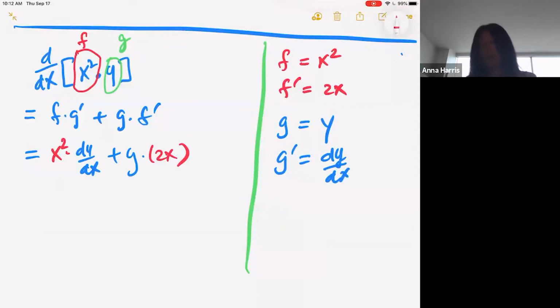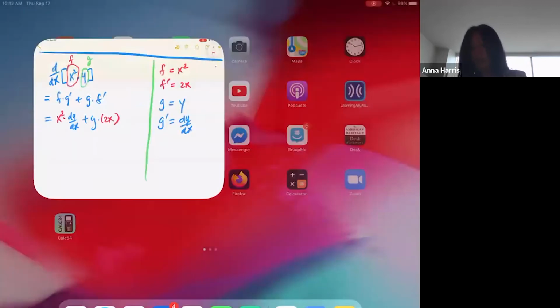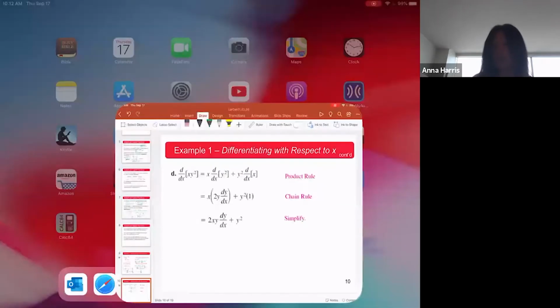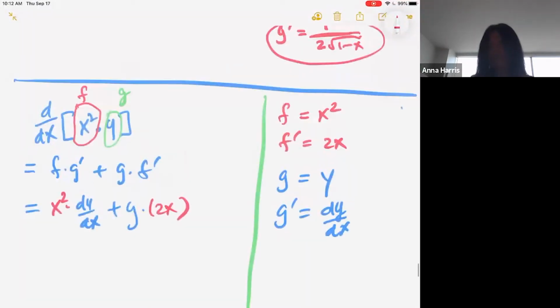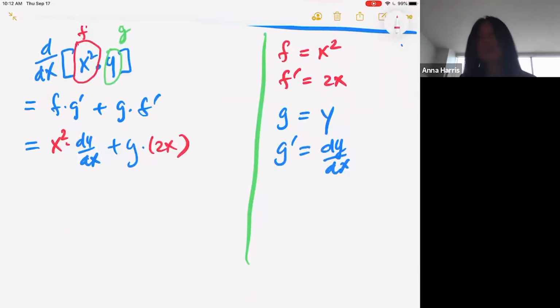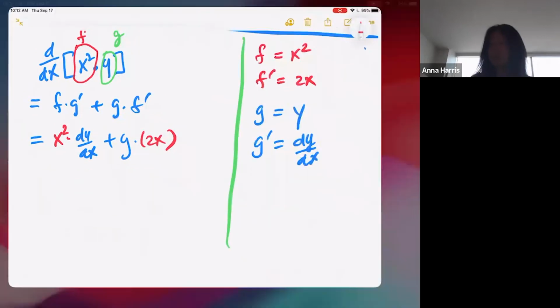So I'm pretty much done. In this case, you cannot do any more, that's it. So you're done with this. Let's look at other examples.